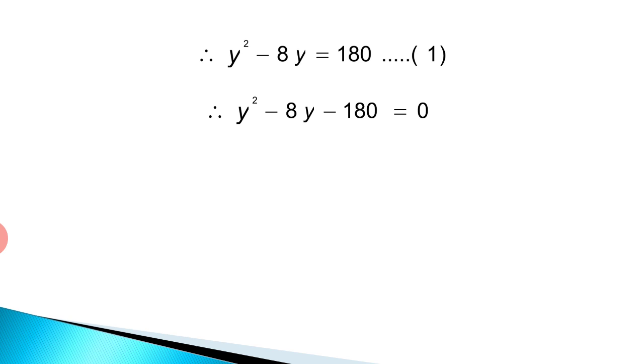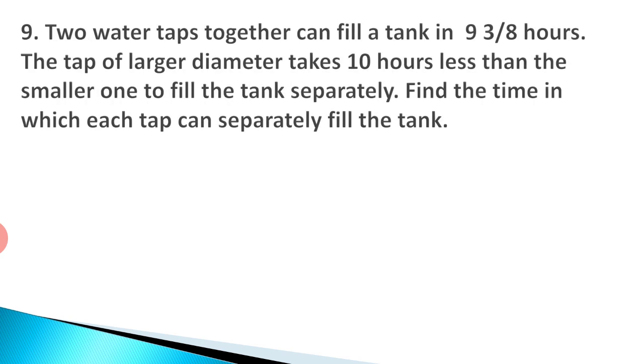Is it clear? Now again there are two ways: whether to go with the quadratic formula or to go with the splitting middle term method. Here you can easily guess 18 tens are 180 and the difference of 18 and 10 is 8. So we can use the splitting middle term method here and get the answer.